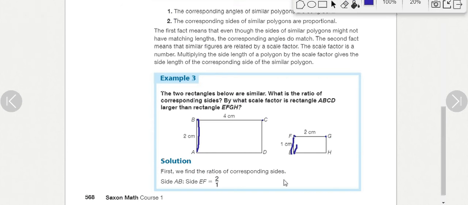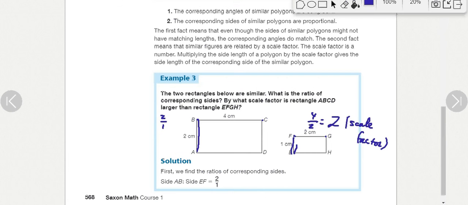Side AB was 2. Side EF is 1. We could have also done BC over FG. In both cases, we find scale factor is 2. Call that the scale factor. It's the multiplier that tells us everything we need to know, especially for lines and perimeters and things.